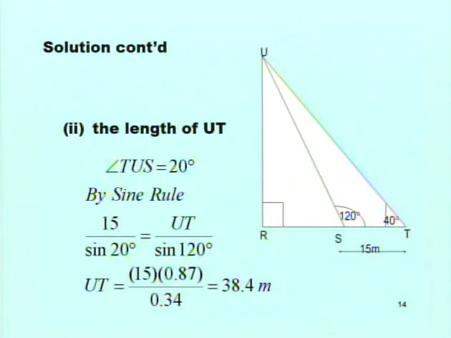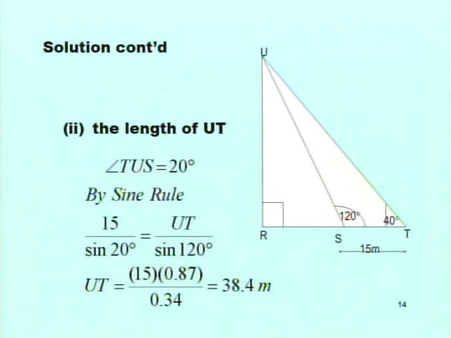The solution continues. Part 2. The length of UT. Angle TUS is equal to 20 degrees. By the sine rule, 15 divided by sine 20 is equal to UT divided by sine 120 degrees.